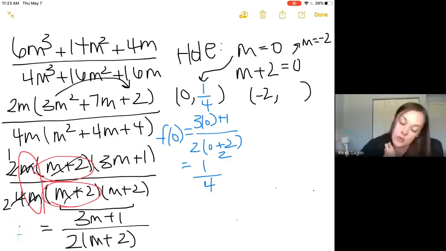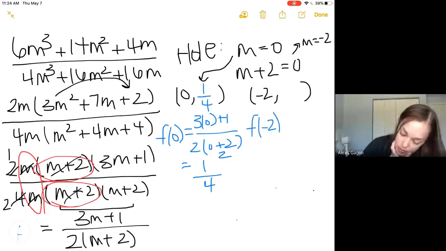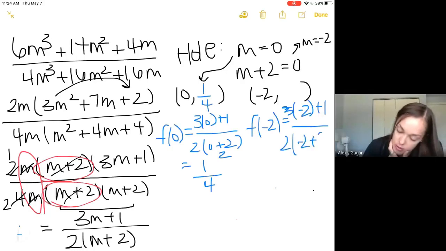Now for this one, let's just try plugging it in and see if it works. If we plug in negative 2, we end up with 3 times negative 2 plus 1 over 2 times (negative 2 plus 2). That's negative 6 plus 1, which is negative 5.